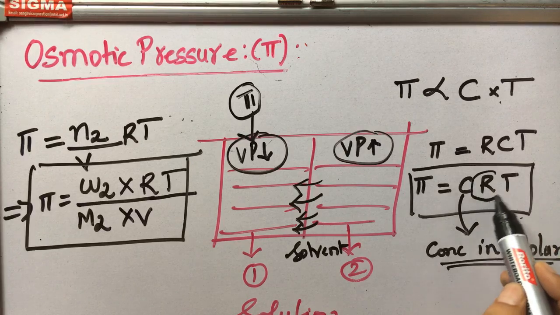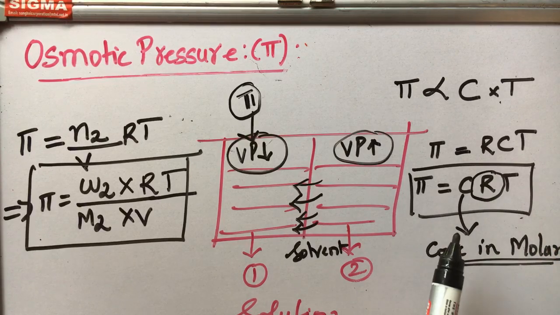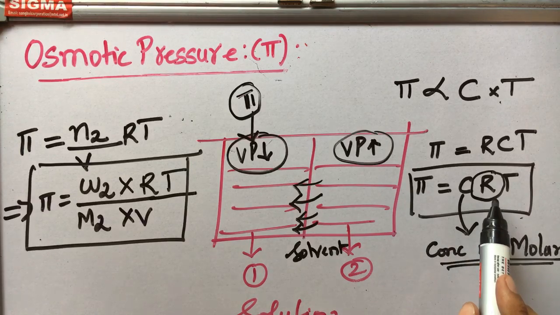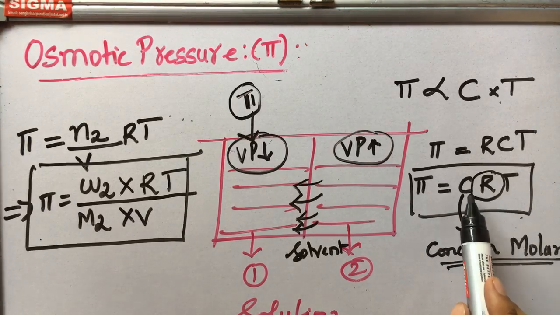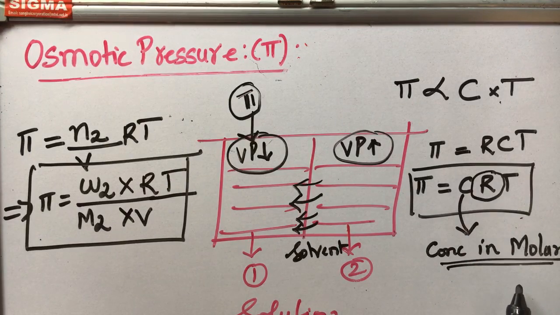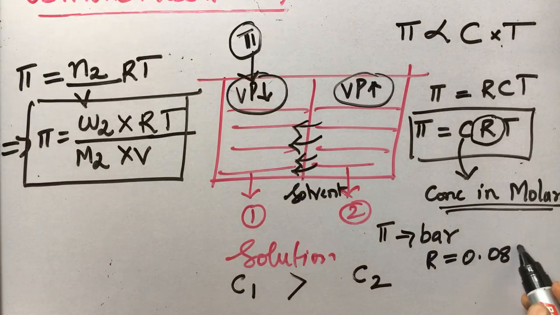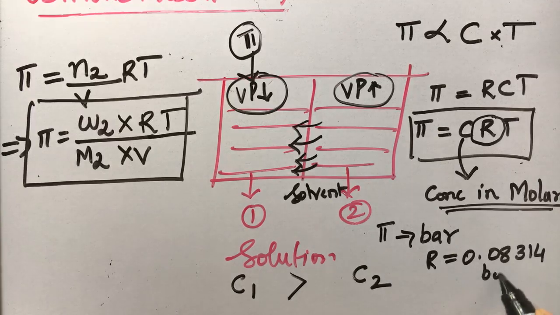The unit of R depends upon the unit of pi; that will decide the unit of R. So if the concentration is expressed in molarity, it cannot be 8.314, because of moles per liter. If pi is expressed in bar, then R will be equal to 0.08314 bar liter per Kelvin per mole.